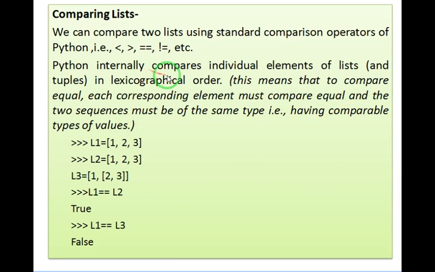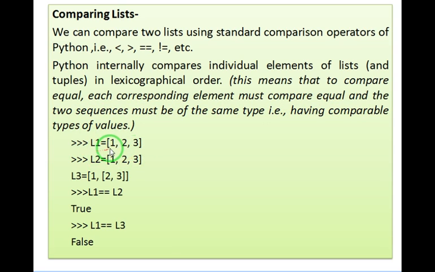Python internally compares individual elements of the list in lexicographical order. That means that to compare equal, each corresponding element must compare equal, and the two sequences must be of the same type, that is, having comparable types of values.